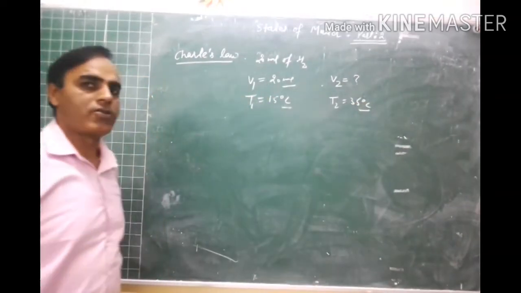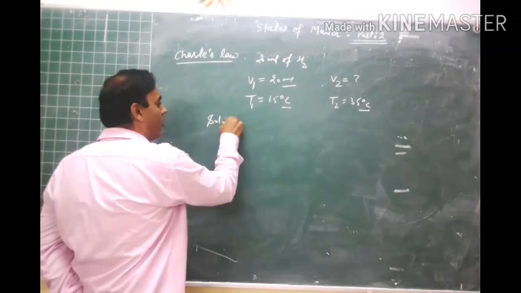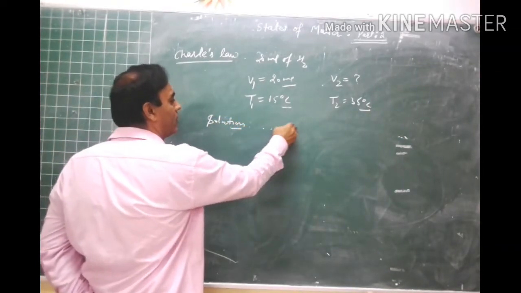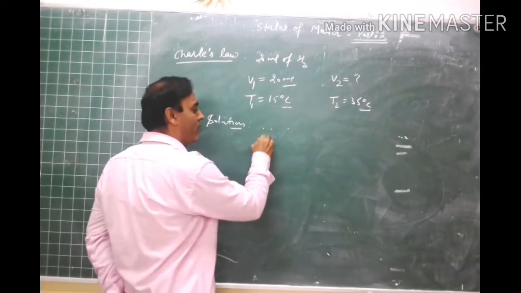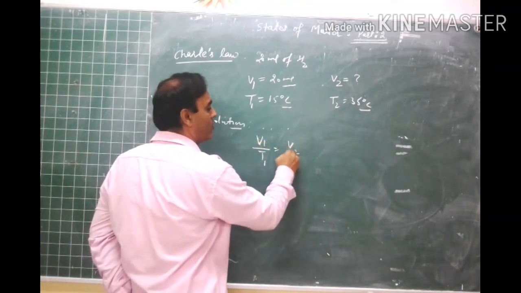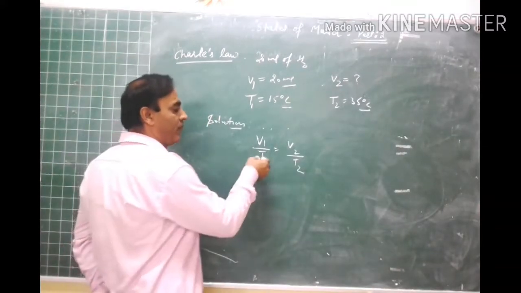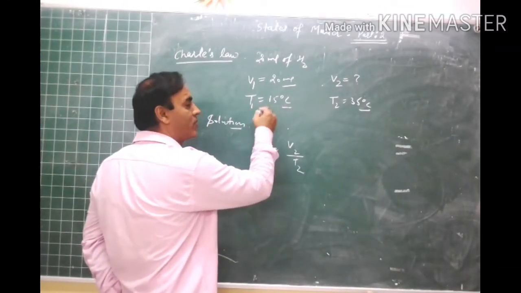So we will now solve it. Solution: applying Charles' law, that is V1 upon T1 is equal to V2 upon T2. So before putting the values, change temperature to Kelvin.